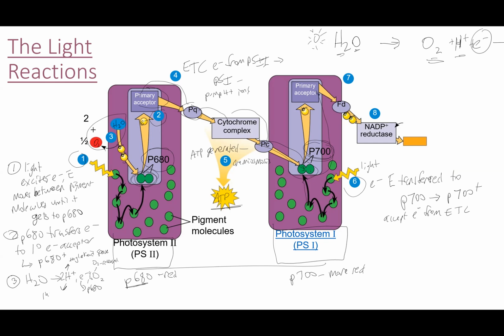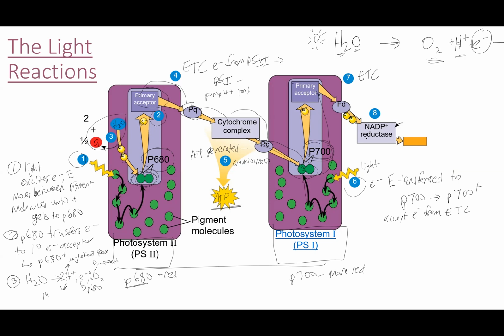When it donates the electrons, it's going to push the electrons up to that primary electron acceptor. And we have another electron transport chain. So there's two electron transport chains in this case. So this second electron transport chain is going to give these electrons to another mobile electron carrier, which transfers it to an enzyme, NADP plus reductase.